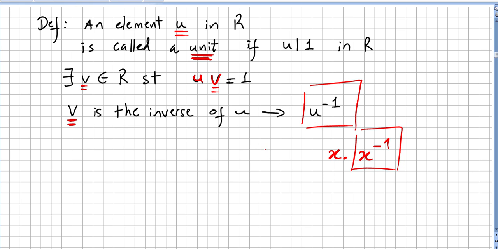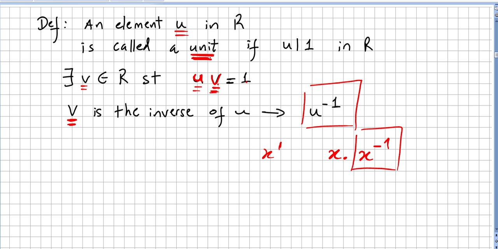Sometimes you can also use x prime, lots of notations for this. So you pick an element in the ring and you multiply by that one and you get 1. This element V will be the inverse, and there are lots of ways to write inverse. I'll probably be using this one.